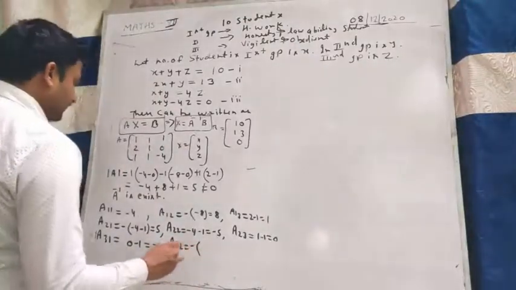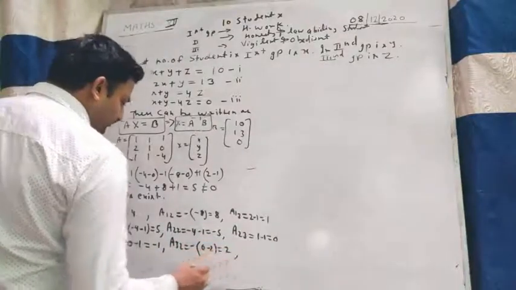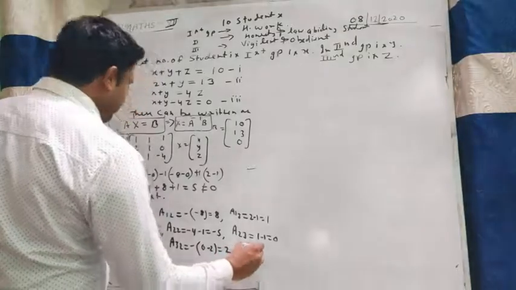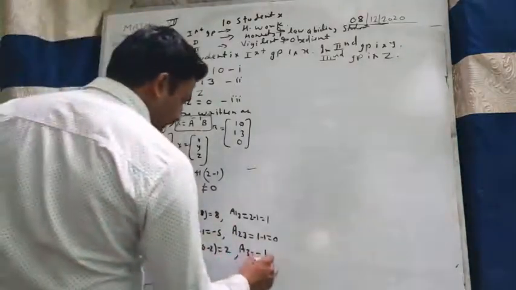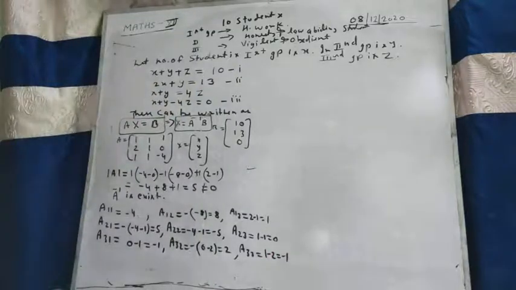A32 is with a minus sign, 0 minus 2, which is 2. And A33 is 1 minus 2, minus 1. So A31 is minus 1, A32 is 2, A33 is minus 1.